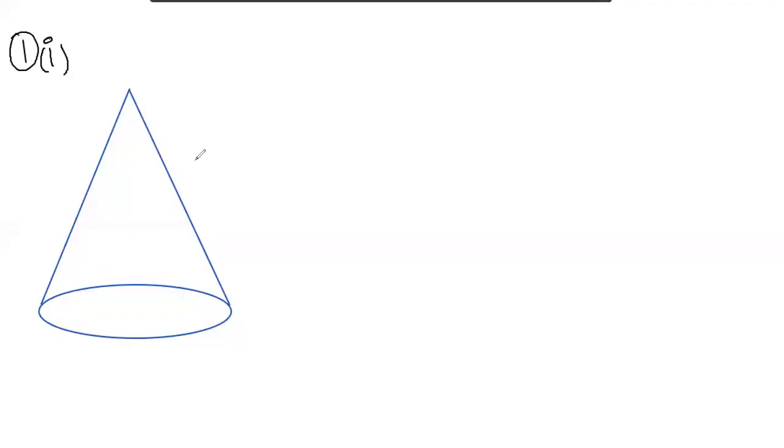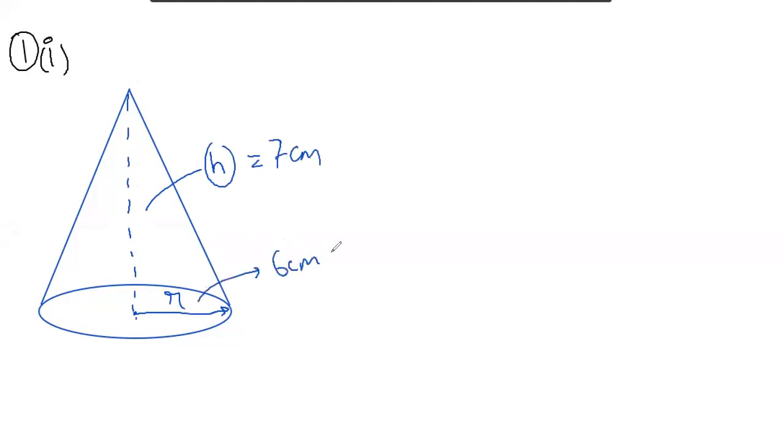Once I've drawn a near perfect looking cone, we will enter the dimensions. This is the center, this is the radius, and this is the height, which is equal to 7 centimeters, and our radius, which is equal to 6 centimeters.